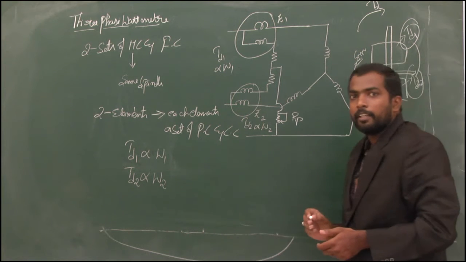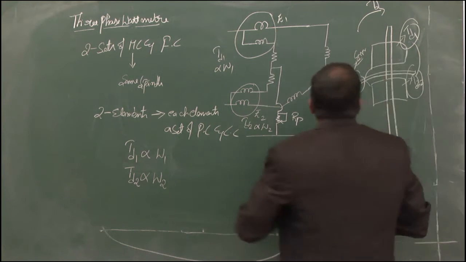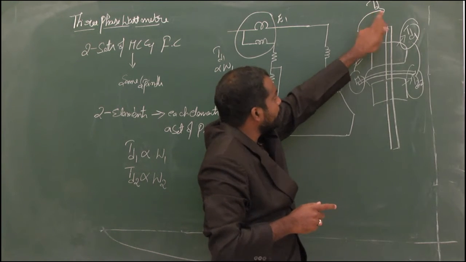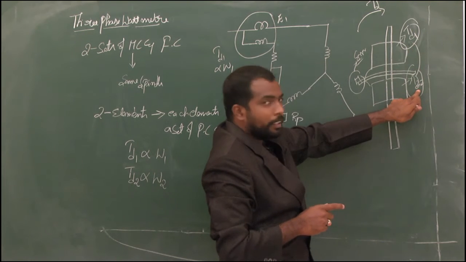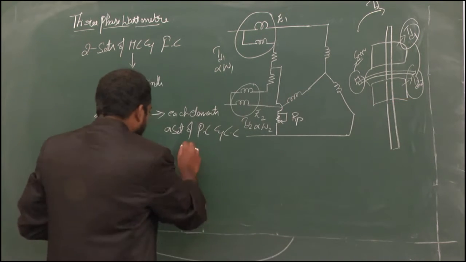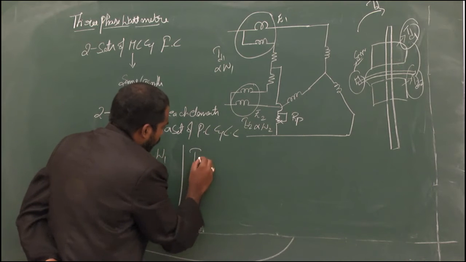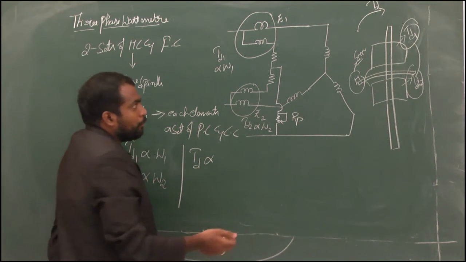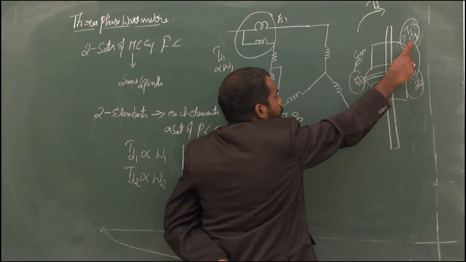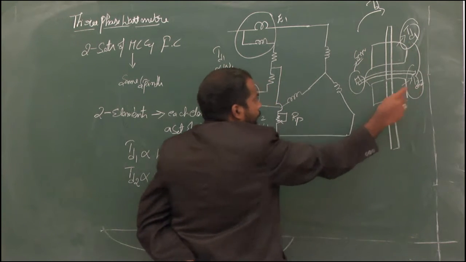That means the net deflecting torque produced on the spindle is directly proportional to the sum of the deflecting torque produced by element 1 and element 2.